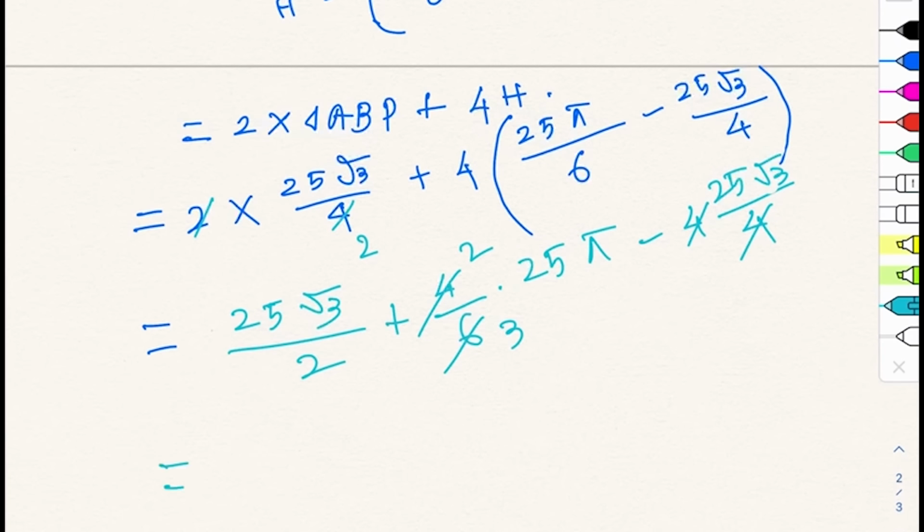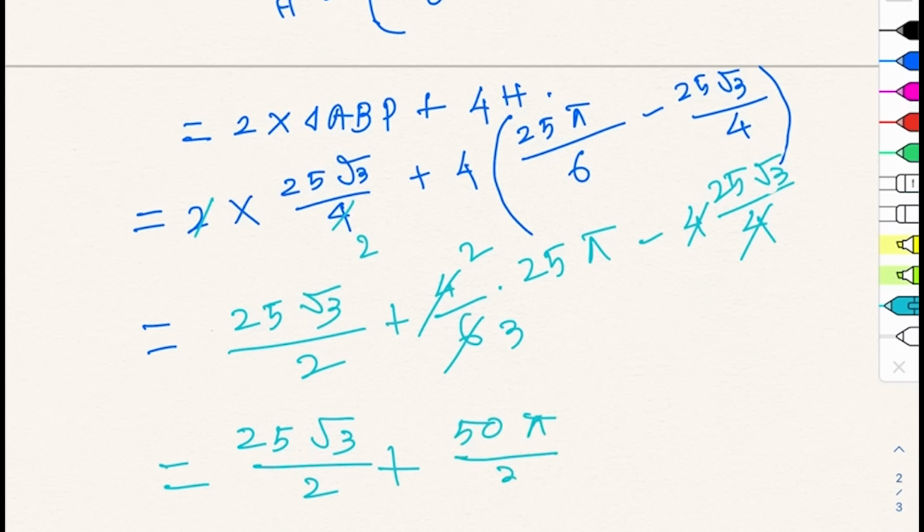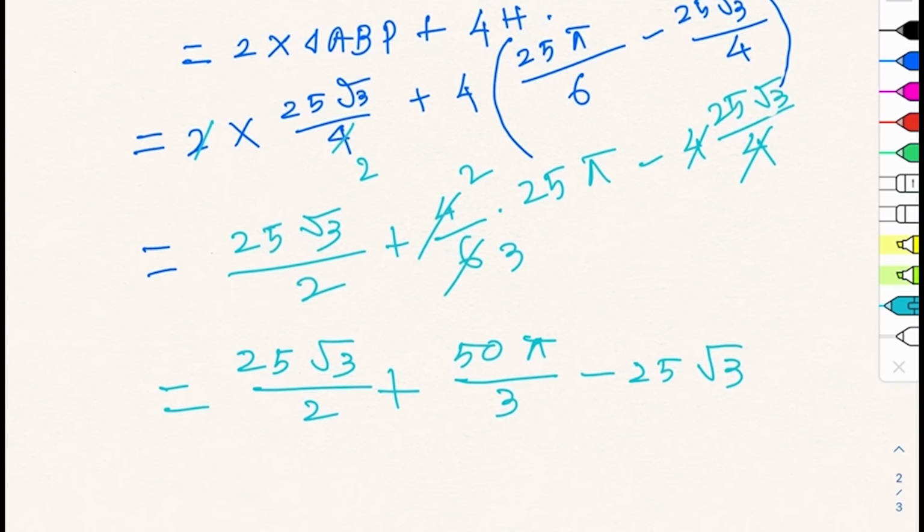So clearly 25 root 3 by 2 plus 50 pi by 3 minus 25 root 3.